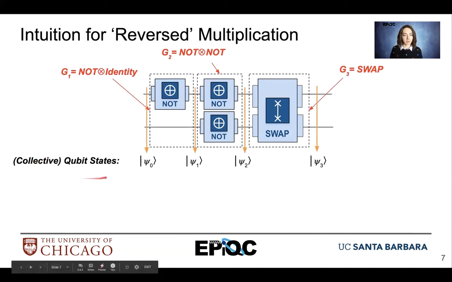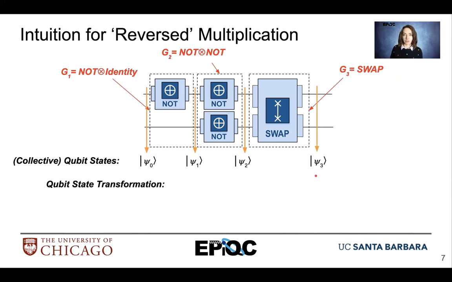We have the collective qubit state for both qubits of state 0, 1, 2, and 3. If we're to think about the transformation at each point, we would have state 1 formed by state 0 multiplied by overall operation G1. We would have state 2 formed by G2 multiplied by state 1.